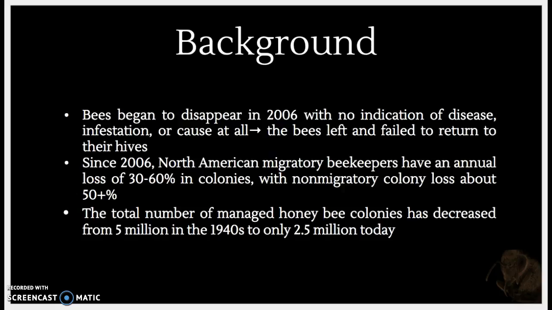So what's the problem? The total number of managed honeybee colonies has decreased from 5 million in 1940 to only 2.5 million today. If honeybee loss continues, it could threaten the economic viability of the bee pollination industry. The cost of bee pollination services will rise, and those increased costs would ultimately be passed on to consumers through higher food costs.